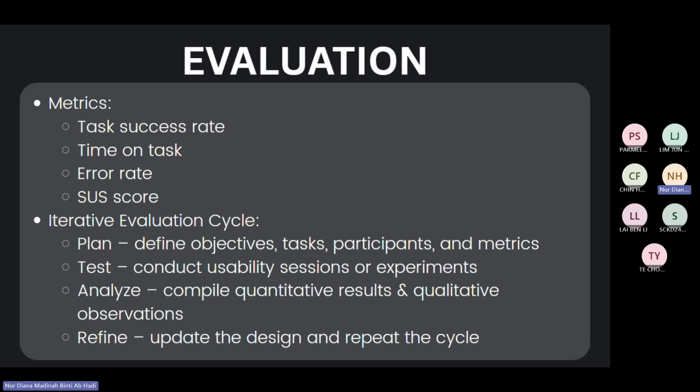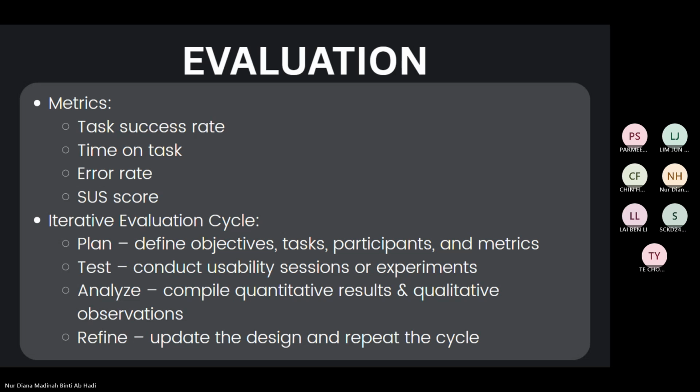You need to compile all of your results and observations. And then you need to refine it again. Update your design based on the result that you have analyzed and repeat the cycle, until you find that the system is already good enough, people are satisfied, and so on.